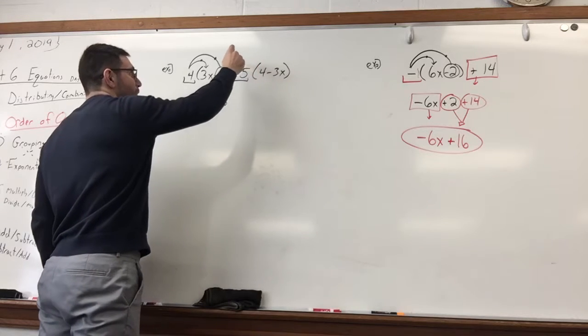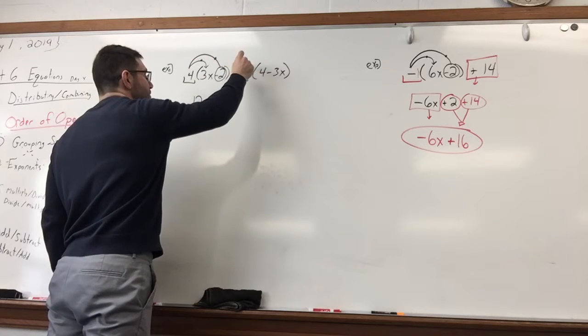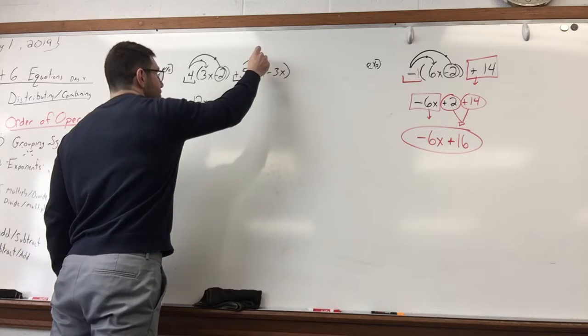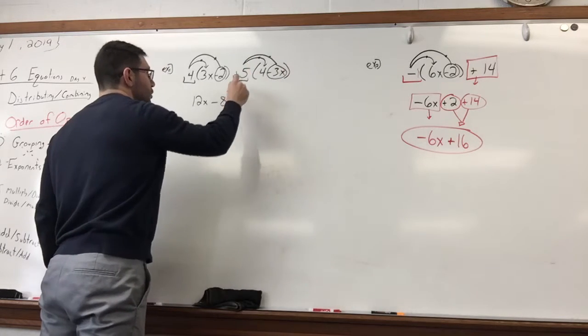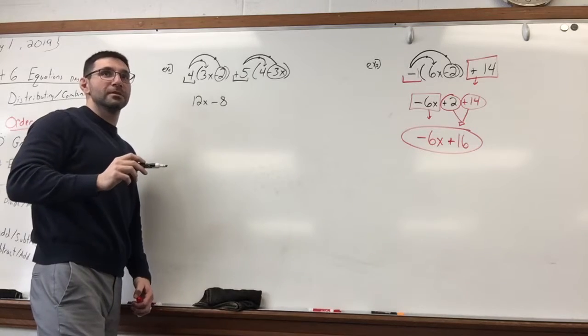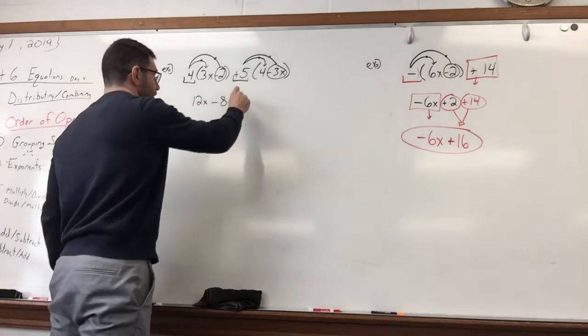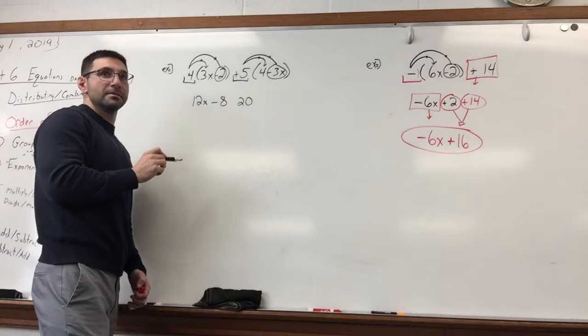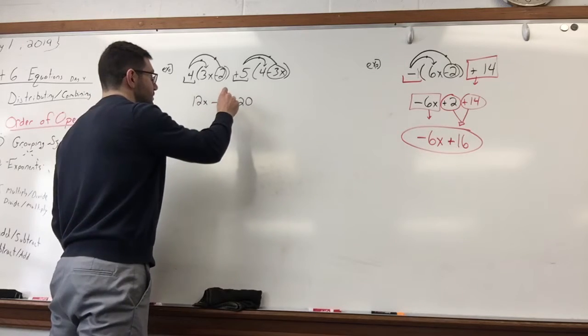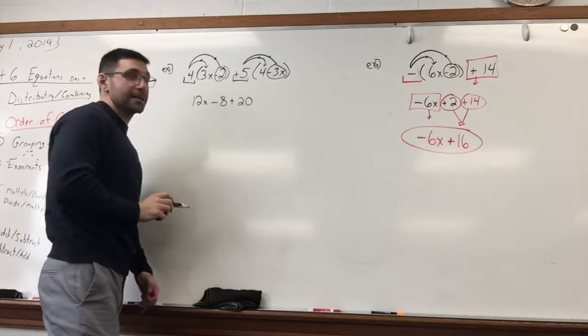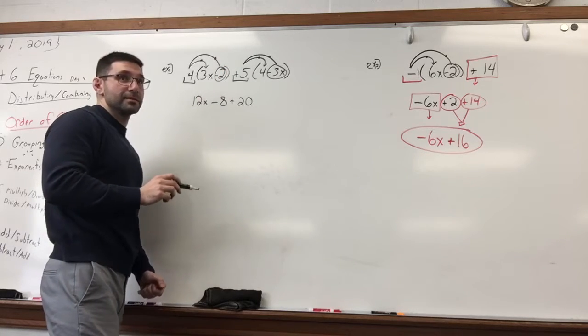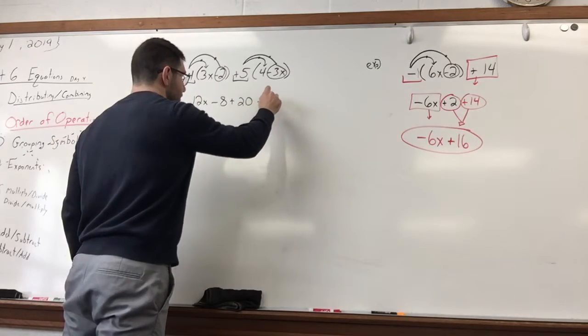Okay, so I'm taking 5 and I'm multiplying it by what? Positive 4 and -3x. Very good. Loved how you used that language. So what's 5 times 4? Do I just put 20 here? For the addition sign, good, because it's a positive 20. Good. 5 times the -3x? -15x. Very good.